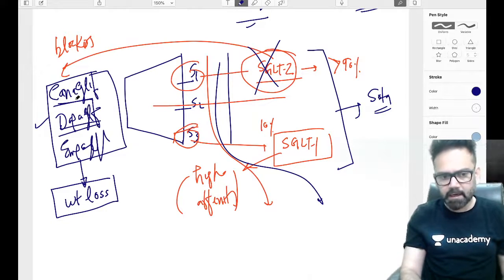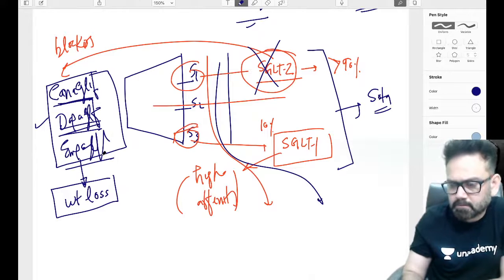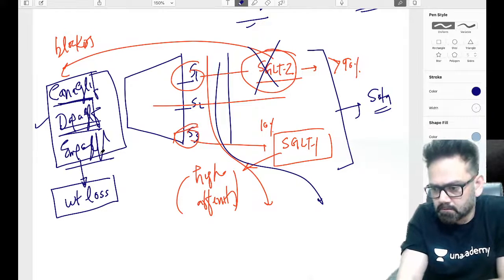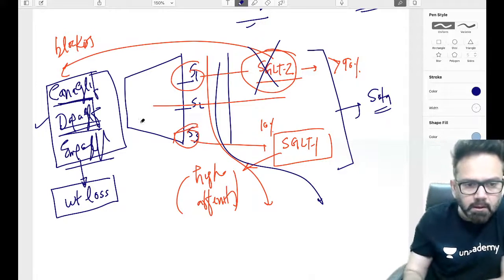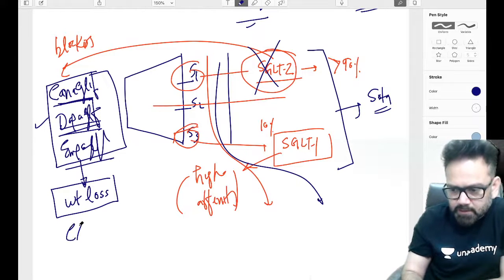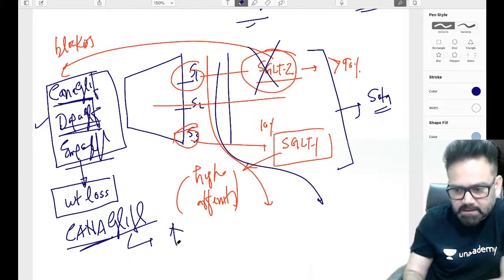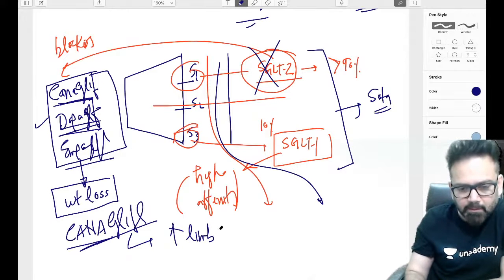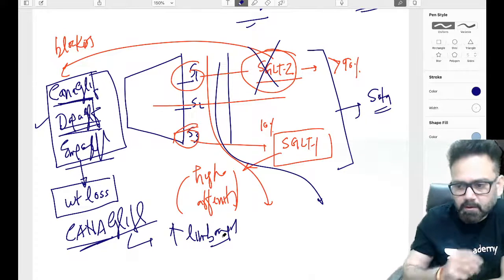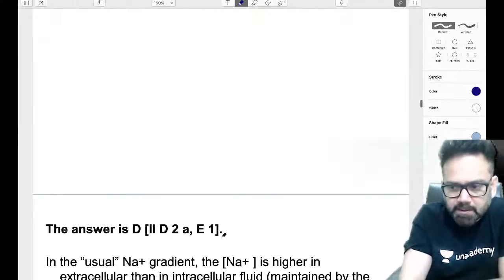Which one? Empa? No, it is Cana. Canagliflozin. Although it is very rarely seen, for exam purposes you should know that canagliflozin is associated with increased limb amputation. Okay, so these are your previous MCQs.